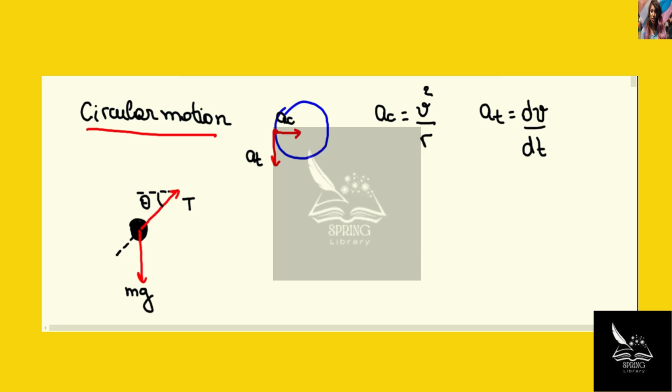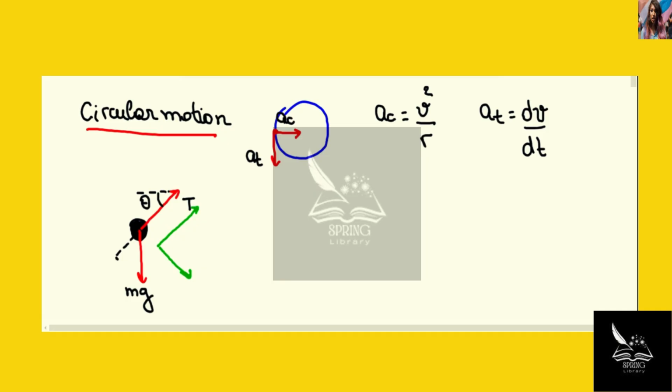Now I'm going to decompose these forces into a centripetal component and a tangential component. Notice that the force T is already pointing towards the center of rotation, so all we need to do is decompose the gravitational force.